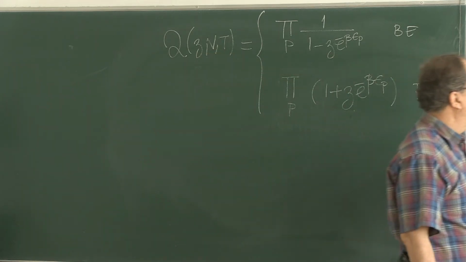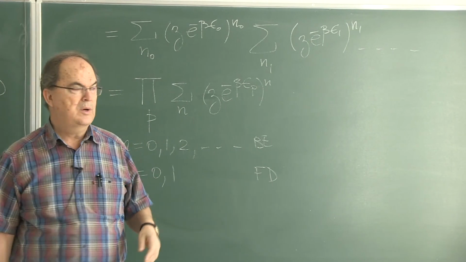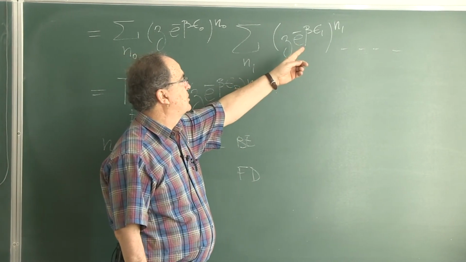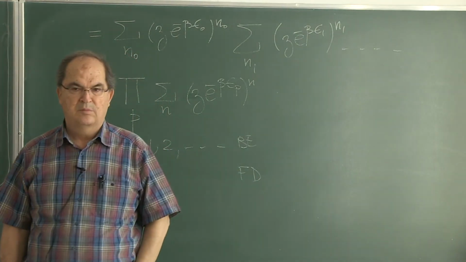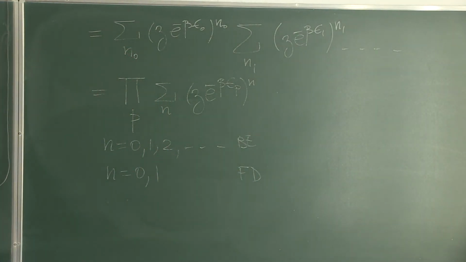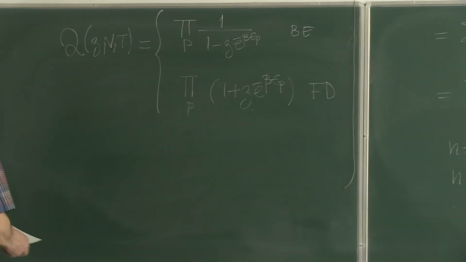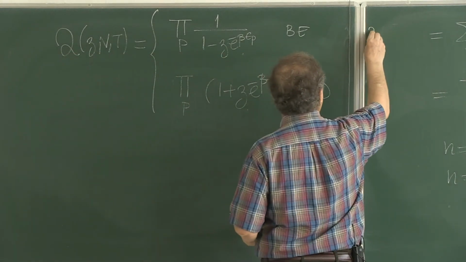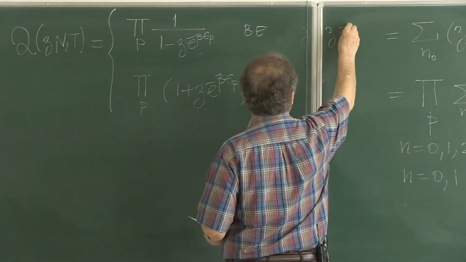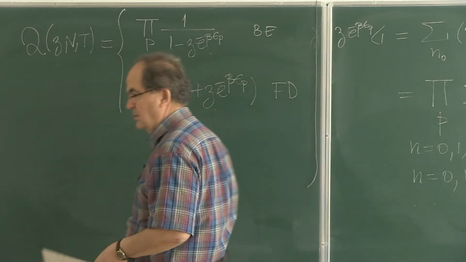Doing the sum is quite easy, depending on what n can be. 0, 1 means to the power of 0 is 1, 1 plus z e to the minus beta epsilon 1. Okay. For this case, for convergence, z e to the minus beta epsilon p must be smaller than 1, isn't it?